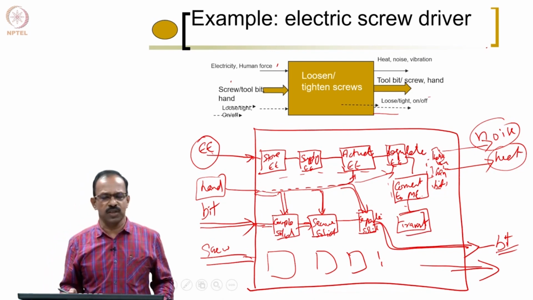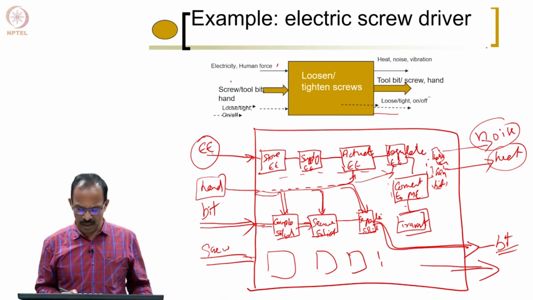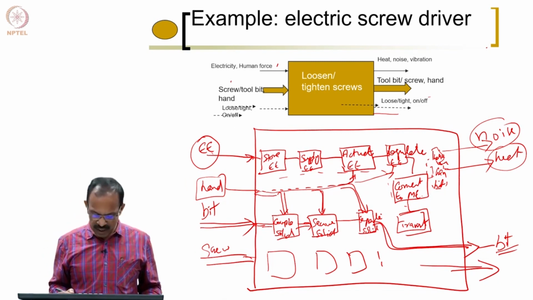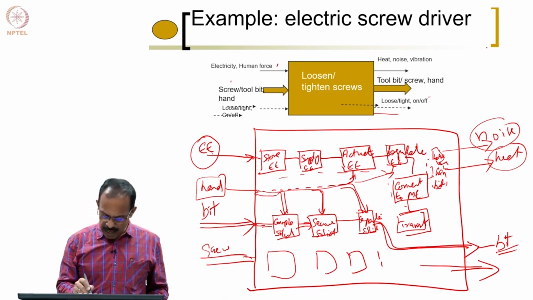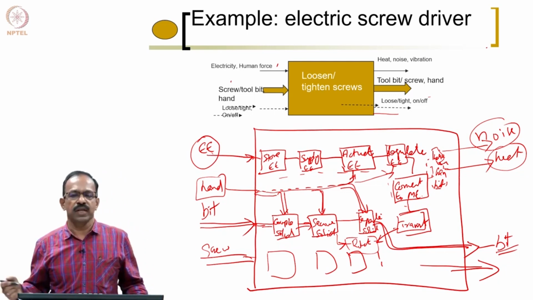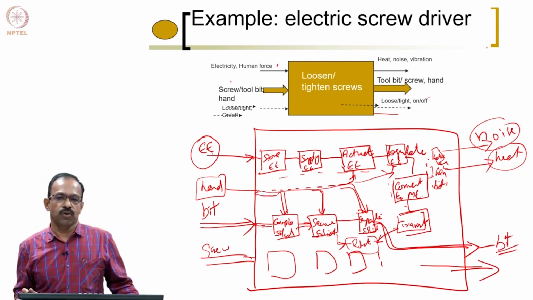We already transmitted the torque, so now what did we do with this? We need a rotate solid, because the solid needs to be rotated. There will be a parallel function coming from here, rotate solid, connected to the transmit. The transmit power will come, and then this solid will be rotated, and that will move the screw in or out.